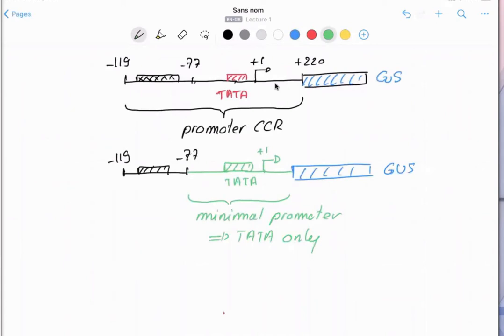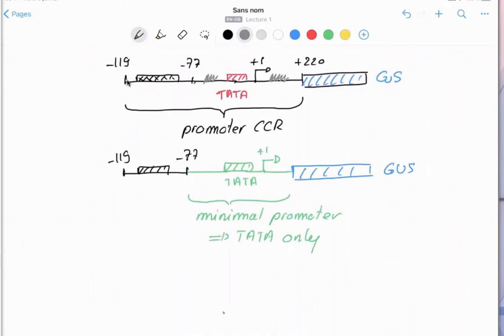For example, here, I'm going to put it in red. Here, maybe we have sequence important for the expression, but we don't know. Because once we cut at minus 77, it doesn't work. So it means that because it doesn't work at minus 77, it is impossible to investigate other regulatory sequences.